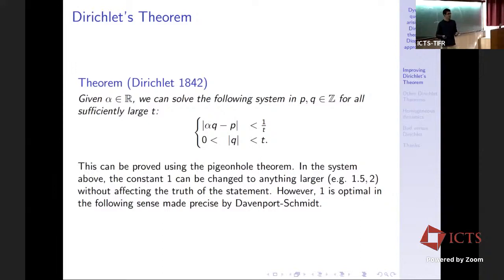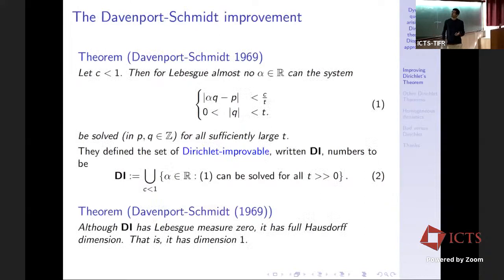Well, that was addressed by Davenport-Schmidt. What they did was they tested when the system would be solved for some c less than 1. So again, instead of 1 over t, we have c over t. We want to see whether there are any alpha for which this system can be solved in p, q, and z for all sufficiently large t.